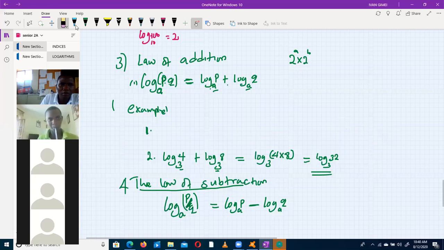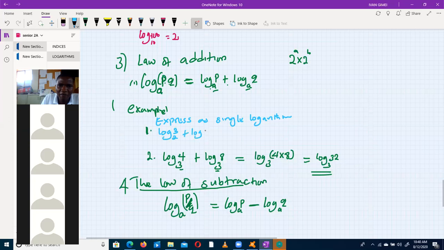Okay. So here, the question can be, express this as a single logarithm. So they'll say maybe log of 3 base 2 plus log of 4 base 2, something like that.